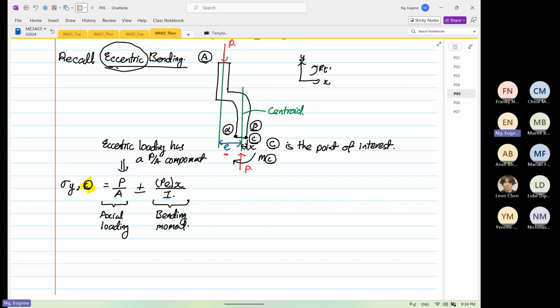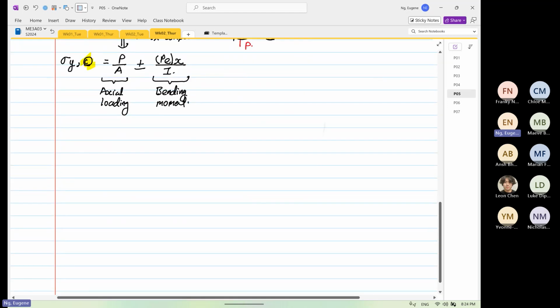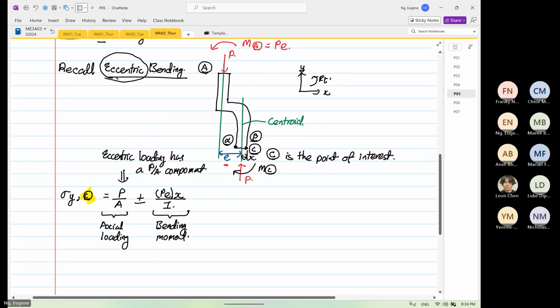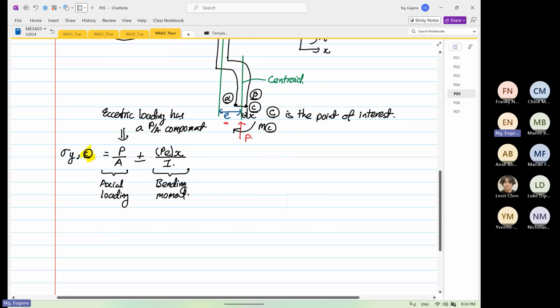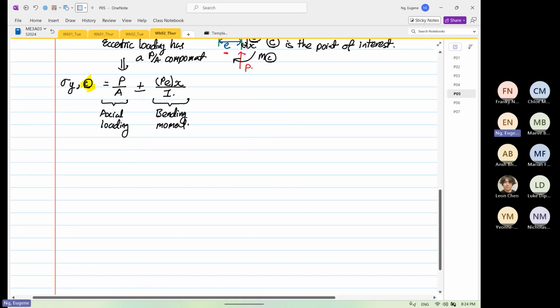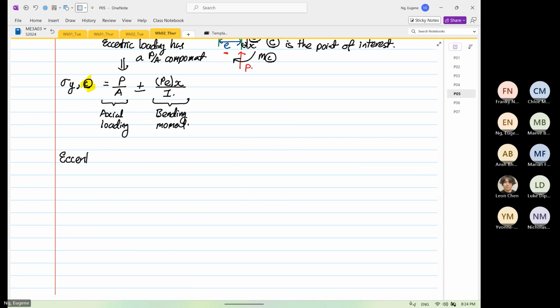But now I want to focus on buckling. Now this is bending. If we are going to look at buckling, how do we relate this? I'm going to look at eccentric buckling.